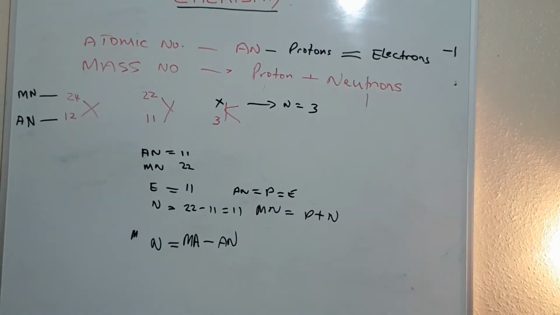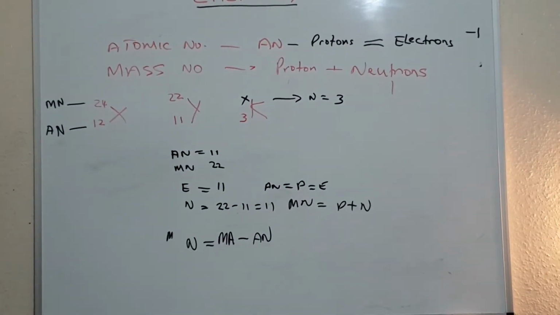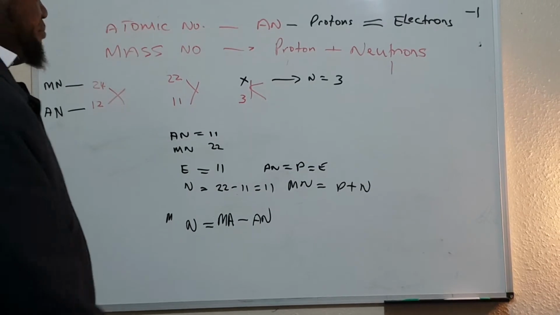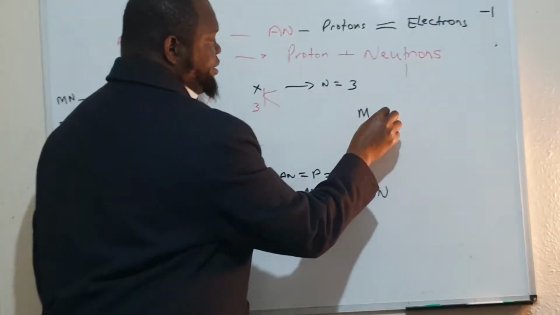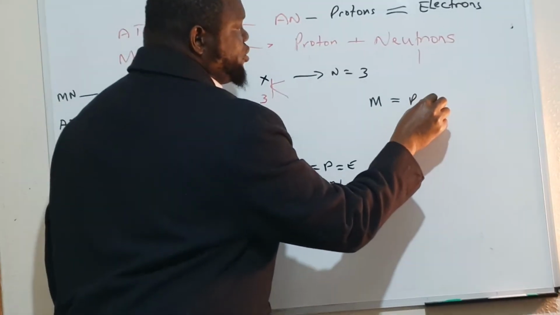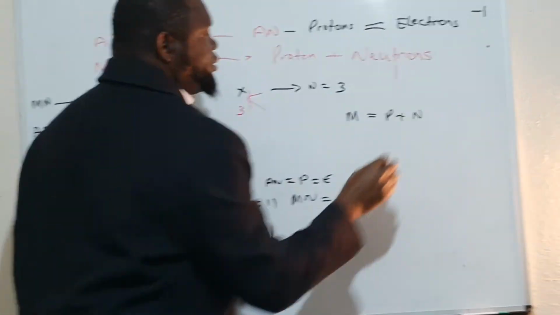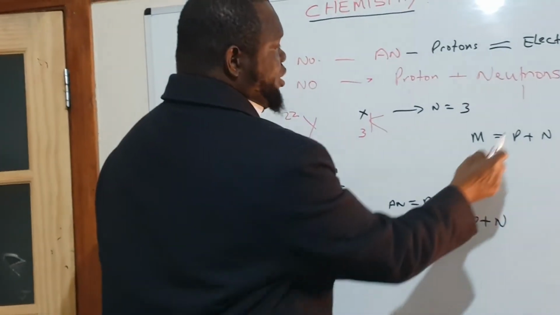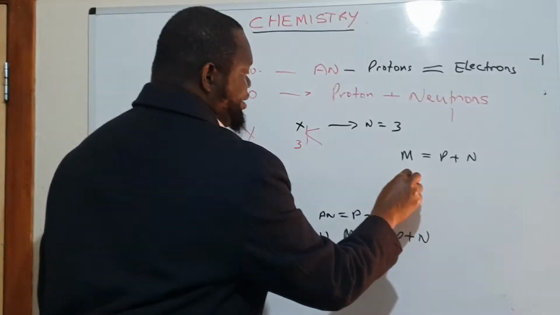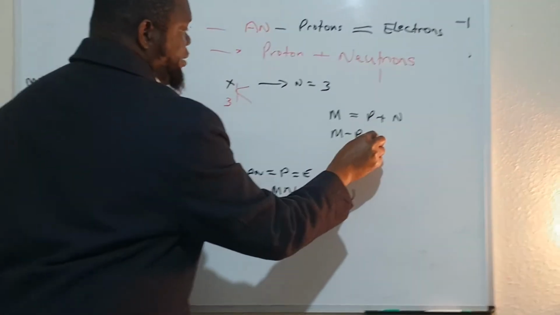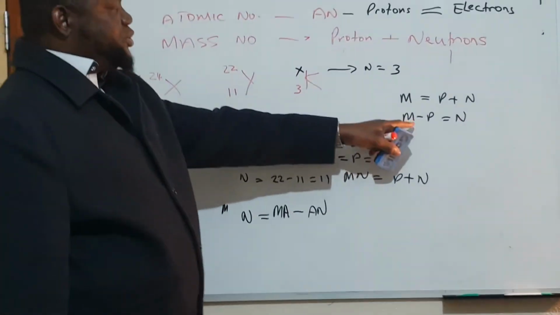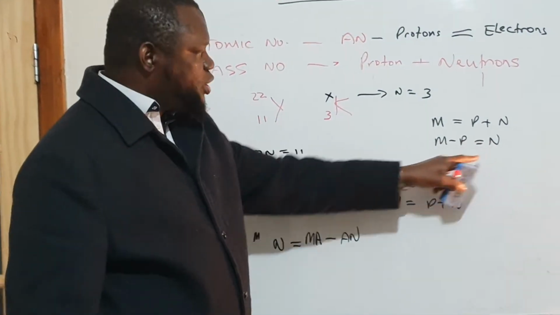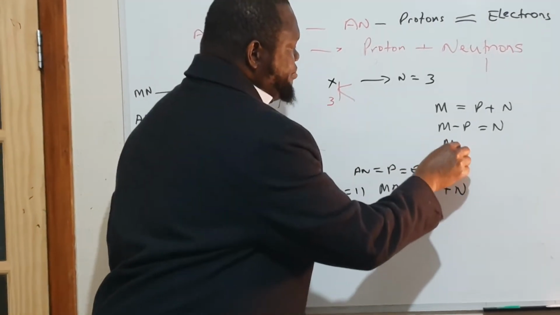You have to know all these equations, because we said before, the mass number M is equal to P plus N. So if you want to know the number of neutrons, you have mass number minus number of protons, and also mass number minus number of neutrons is equal to protons.